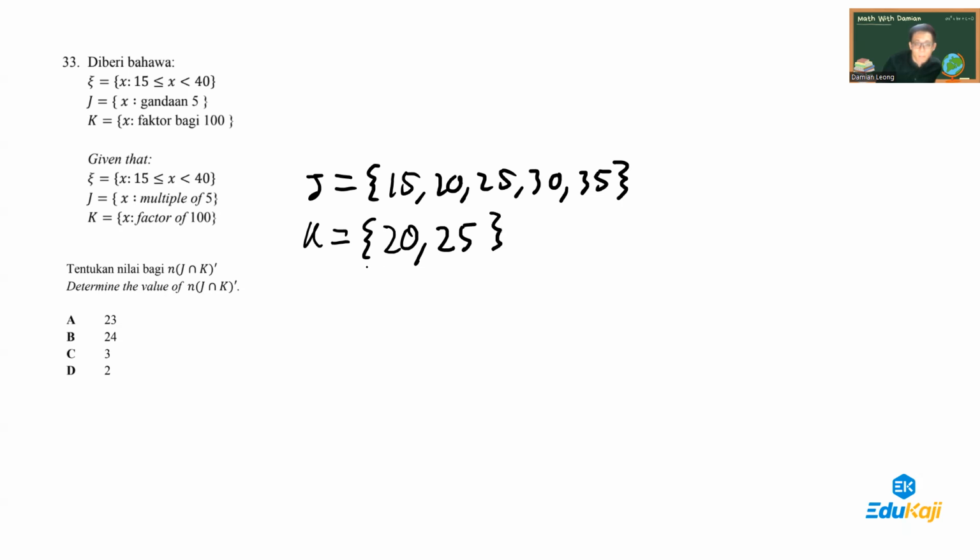So J intersect K would be basically 20 and 25. So from 15 until 40, not including 40, would be 40 minus 15, 25 numbers. So I minus the 2 that I have inside J intersect K. So it's 23. So yeah, answer is A.